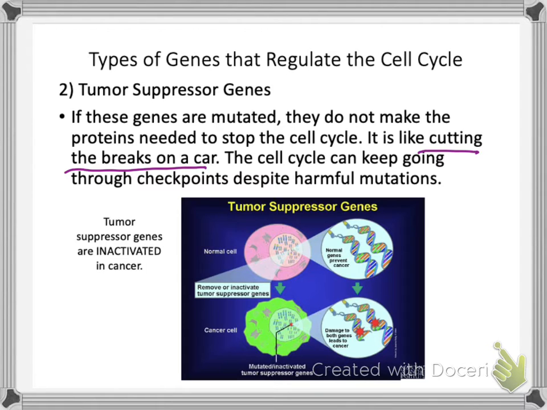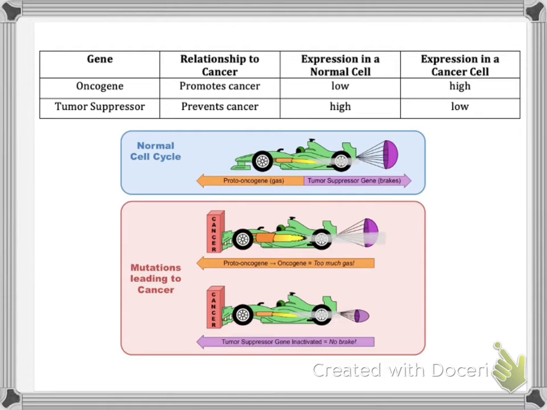So it's important to note that tumor suppressor genes are inactivated in cancer, whereas proto-oncogenes are overactive in cancer. Okay, so here we can kind of see this relationship. An oncogene, which is a mutated proto-oncogene, promotes cancer. Its expression in normal cells is low, right? We don't want to form cancer in a normal cell.